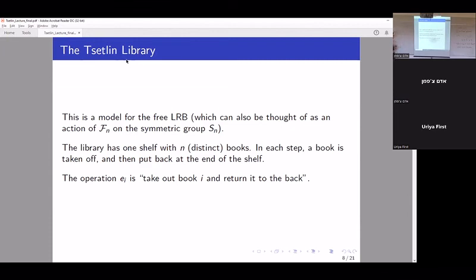If we have a library with 3 books, 1, 2, 3, then when I apply, for example, E2, I take book 2 and put it at the end of the shelf, and we have 1, 3, 2.